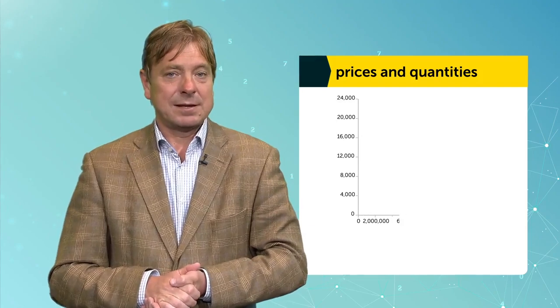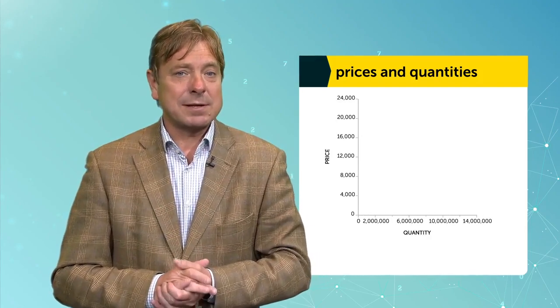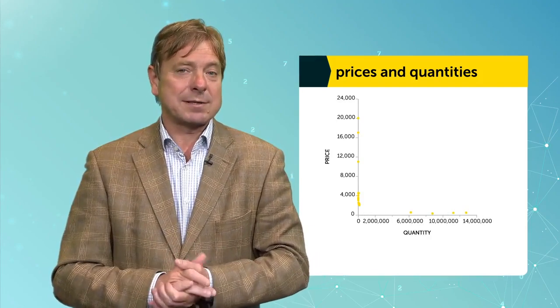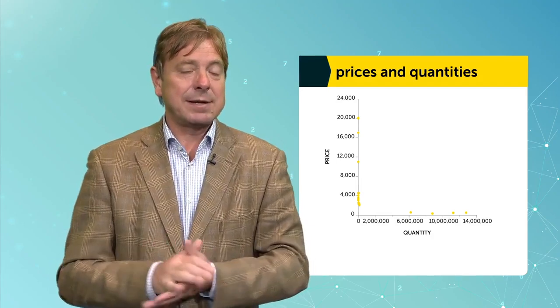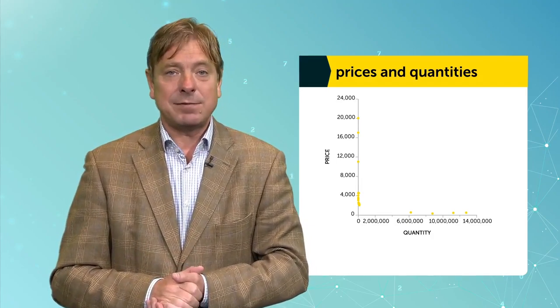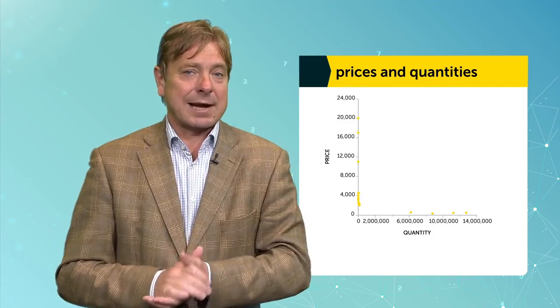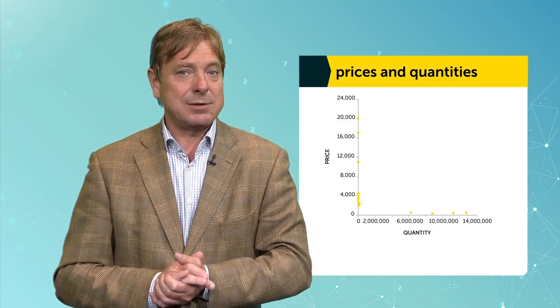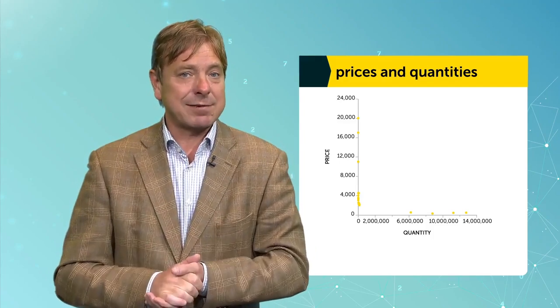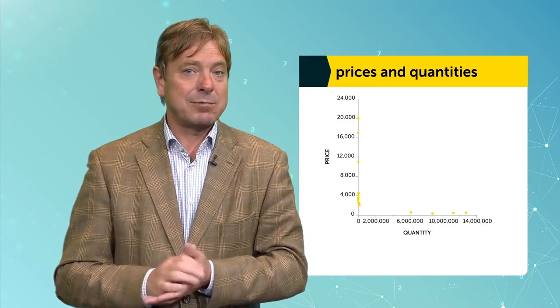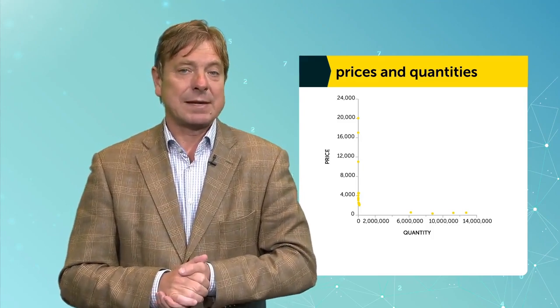Let us look at the scatter plot of prices and quantities in the following figure. The horizontal axis gives the quantities sold of the first 21 stamps of Spain in the period 1850 to 1853. On the vertical axis, we present the current price in euros according to the 2017 Michel catalogue for the mint condition stamps.